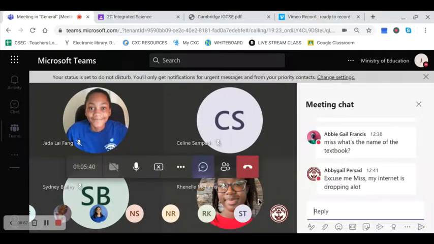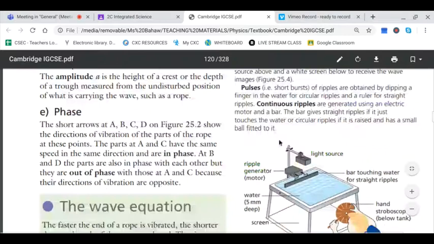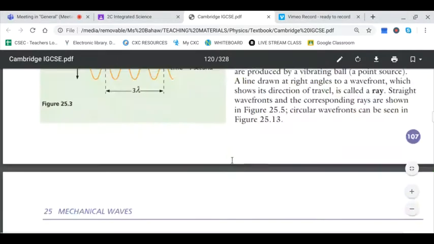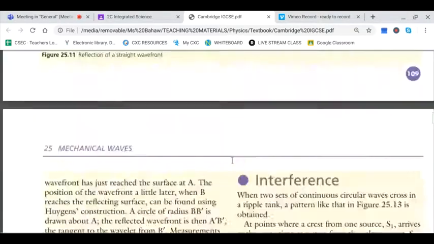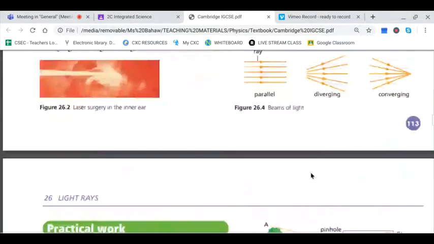All those who do not have the book that she showed in class, put your name in the chat, and you could put that you don't have the textbook. Is that clear? Yes, miss. Alright, I'll look out for those names.